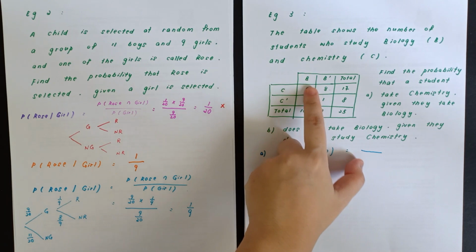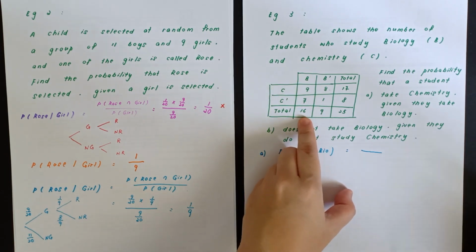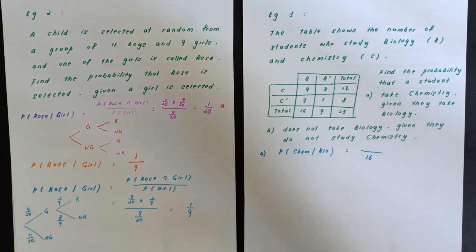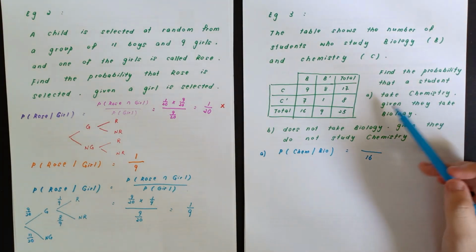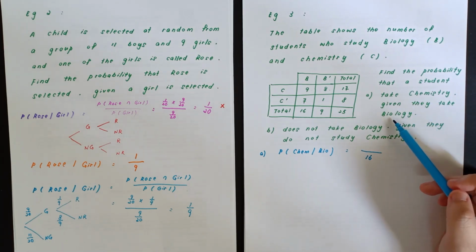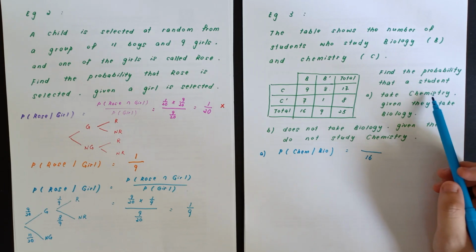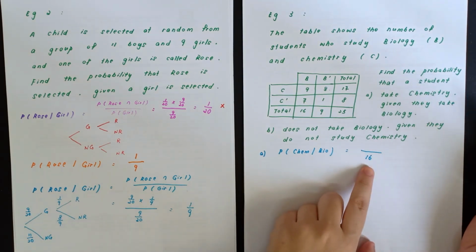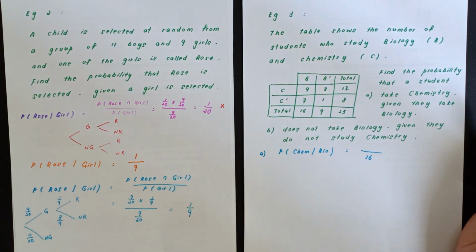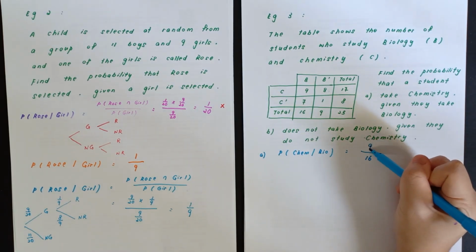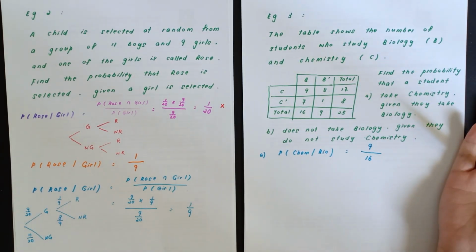So how many students take biology? 16. Given they take biology, you already ignore the others. So what is the probability that a student takes chemistry? Out of these 16 students, how many take chemistry? 9. So 9 over 16, just like that.